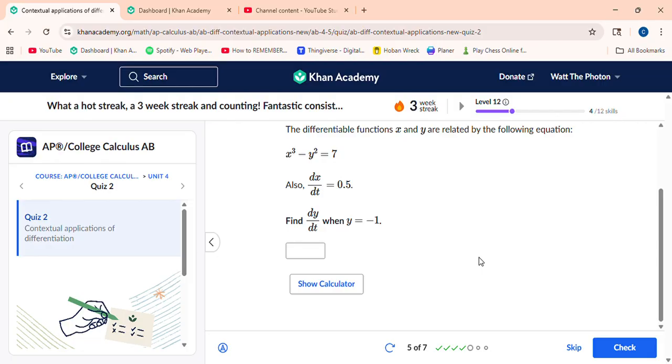The differential function, x and y, are related by the following equation. Also, dx/dt equals 0.5. Find dy/dt. Okay, so we have 3x squared minus 2y dx/dt minus y dy/dt equals 0.